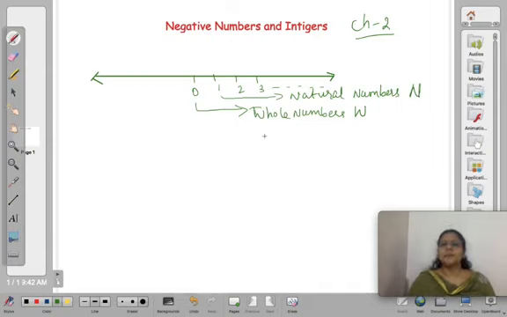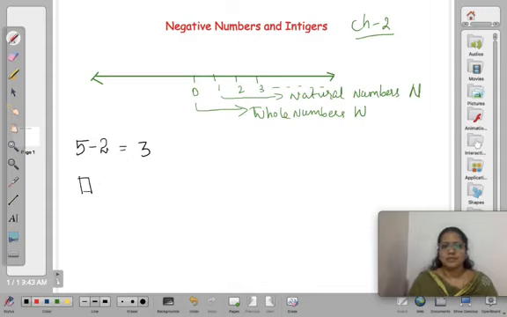Next, we are introducing a new number system, that is negative numbers and integers. Before that, let me tell an example. All of you know how to subtract a smaller number from a bigger number. What is 5 minus 2? 5 minus 2 is 3.